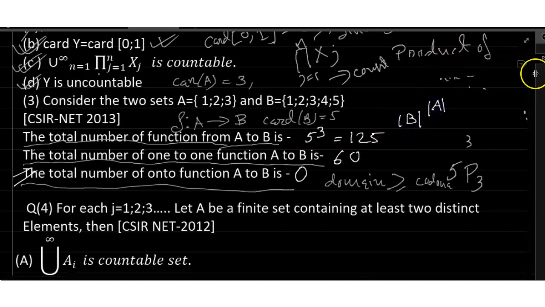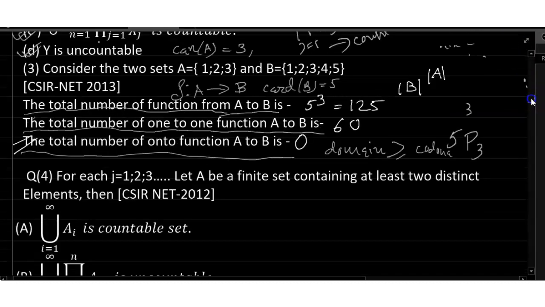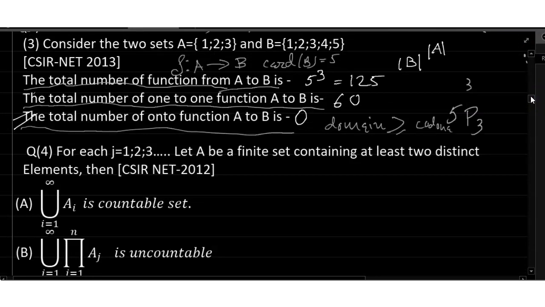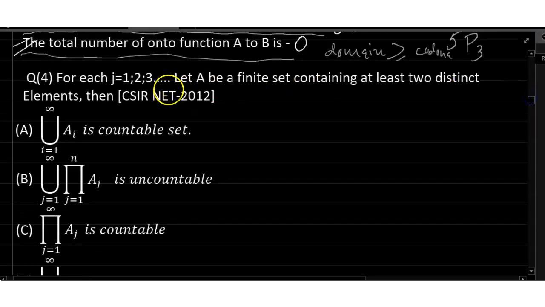Next problem, friends. The next problem is also a CSIR NET problem, 2012. For each j = 1, 2, 3, let Aj be a finite set containing at least two distinct elements. Then which is countable?